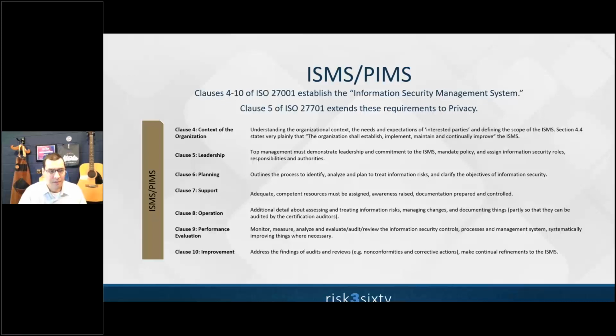Whenever we talk about ISO 27001 and 27701, I think it's important to state that your attention usually goes to the controls that are required for this particular standard, making sure that you know how you're going to meet the controls.